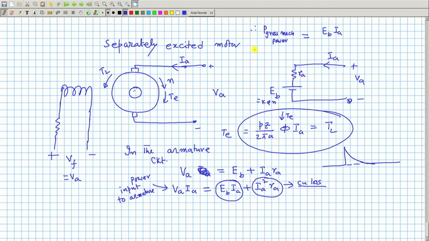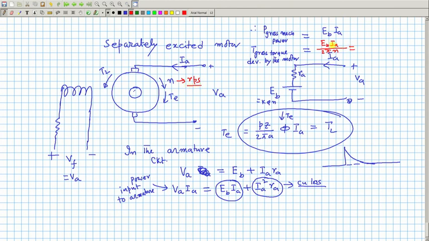Then the gross torque developed by the machine, by the motor, T gross, will be equal to Eb Ia by 2 pi n, if n is in RPS. Power divided by angular speed gives you torque.